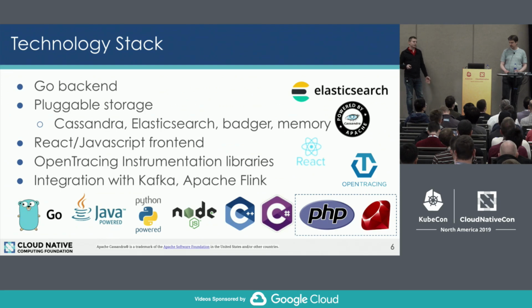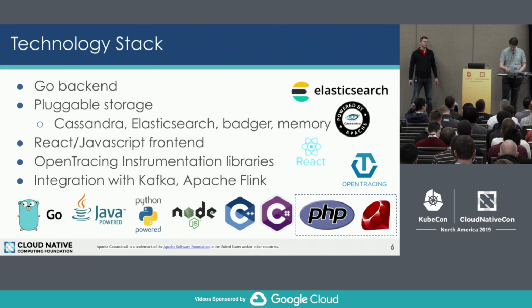On the technology stack, the system itself, all the backend components are written in Golang. We support different storage layers, so you can write data to Cassandra, Elasticsearch, Badger, and in memory. The UI is pretty nice. It's written in React.